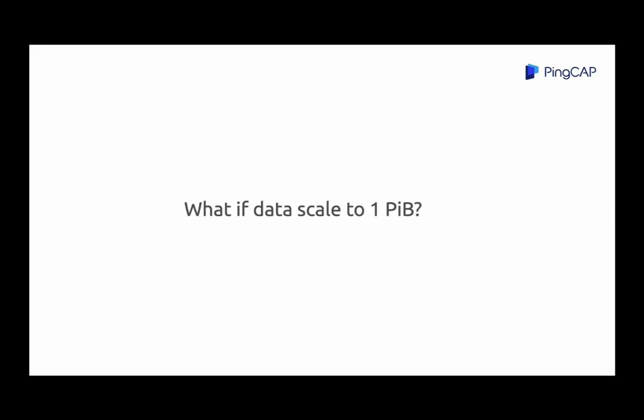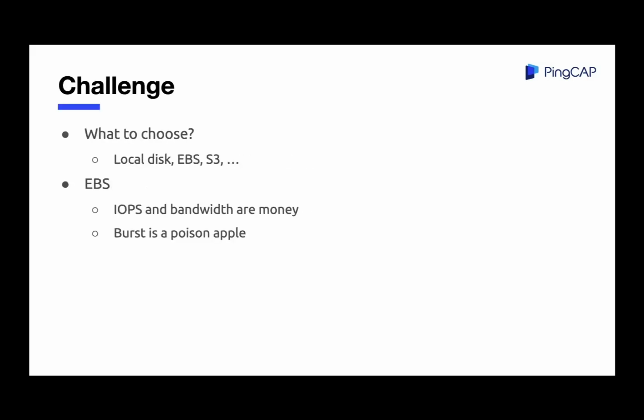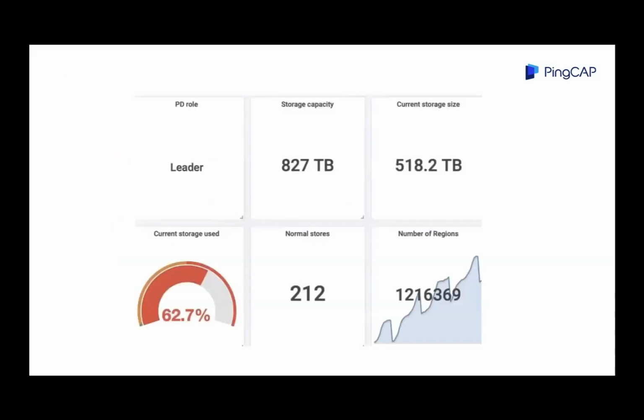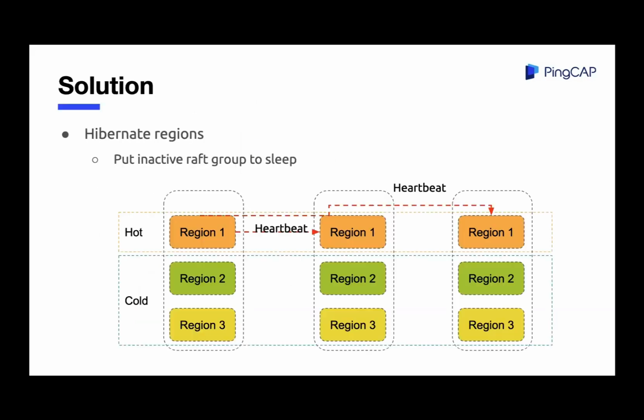And we have solved the problem of data scaling to hundreds of terabytes. But what if the data scales to 1 petabyte? Remember the screenshot we showed? To serve hundreds of terabytes, our customer uses more than 200 TiKV instances.